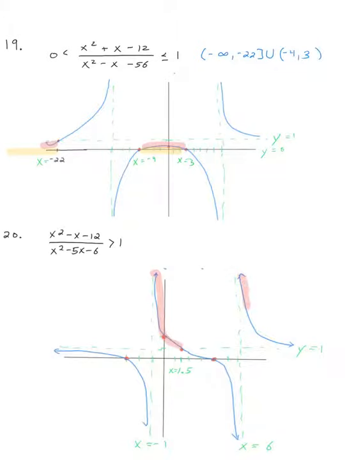So I want all this stuff too, which means I want the x values from here to here, as well as from this spot going towards +infinity. My answer is everything from -1 up to and not including 1.5 together with everything from 6 to +infinity.